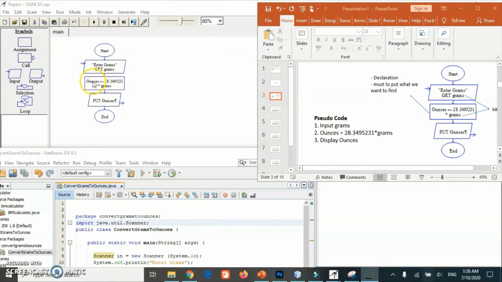At here we want to find the ounces, and then we put the ounces for the output because we want to get the grams in ounces for the output. Okay, that's all. Next, after we create the pseudocode and flowchart, let's start the coding.